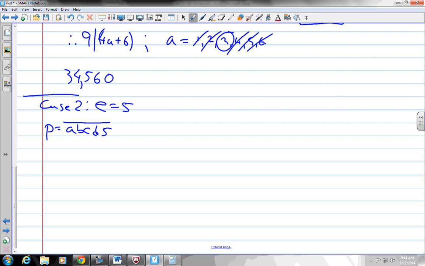So we can make that previous argument. We have that 9 divides A plus B plus C plus D plus 5, because now instead of 0 we have 5. And again, if I replace B with A plus 1, C with A plus 2, D with A plus 3, then therefore 9 divides 4A plus 11.